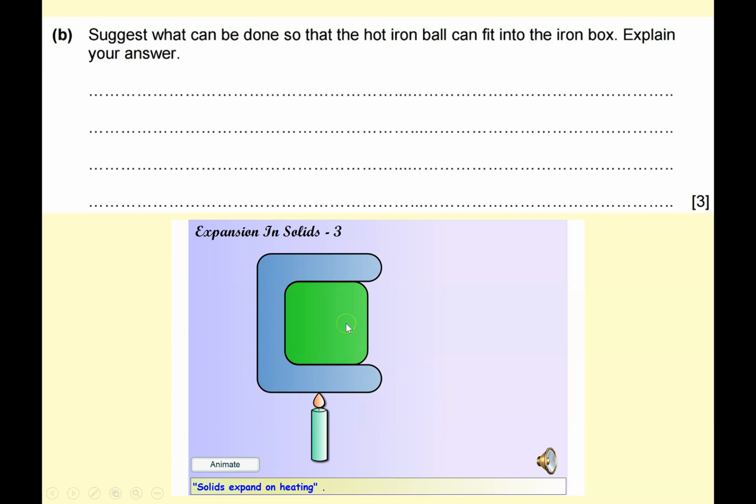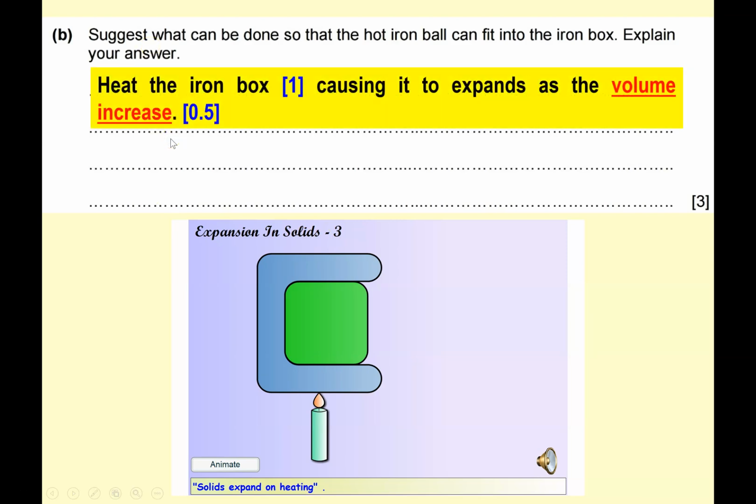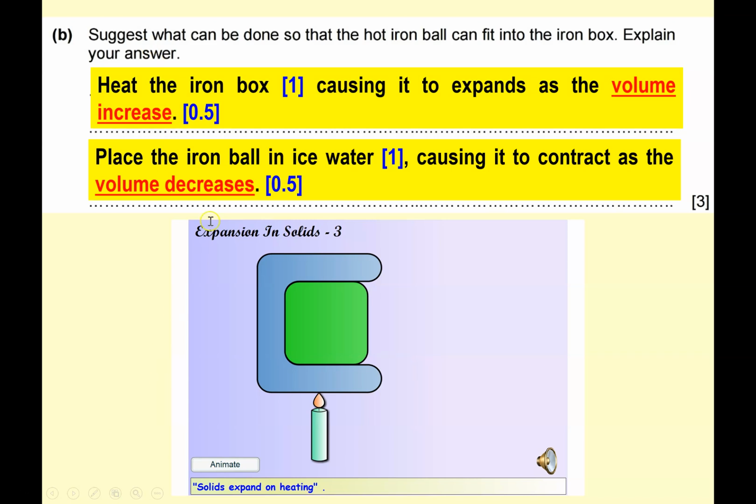So the iron ball can fit back into it, or you could cool down the iron ball in ice water, causing it to contract. And when its volume decreases, it would fit back into the iron box.